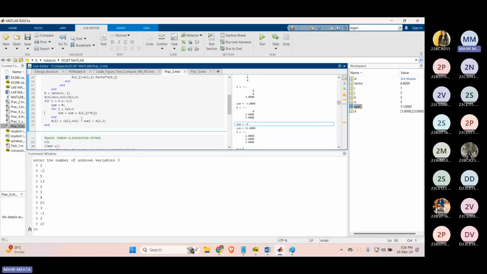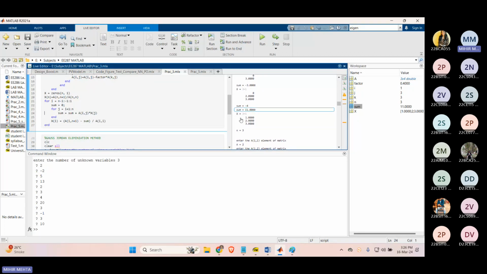So your sum value would be further updated to 11, and once that is done, you further substitute to get the value of i is equal to 1, that is from n minus 1 to 1. This is the third time we are running this, and my x of i value turns out to be 1. And that is how you can find out the entire values of my x.